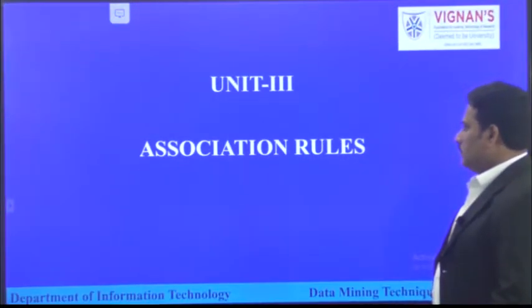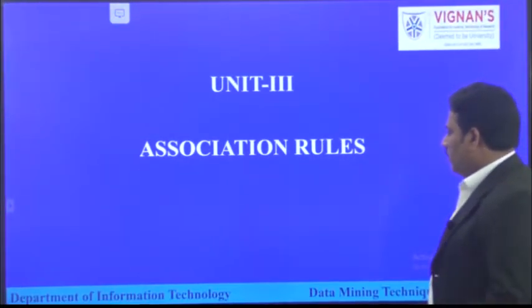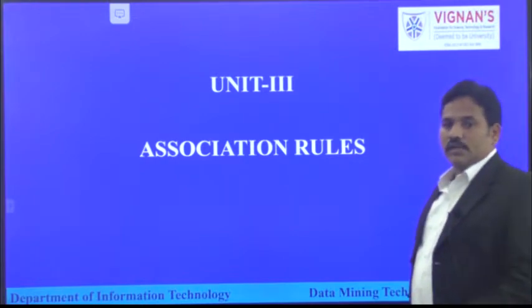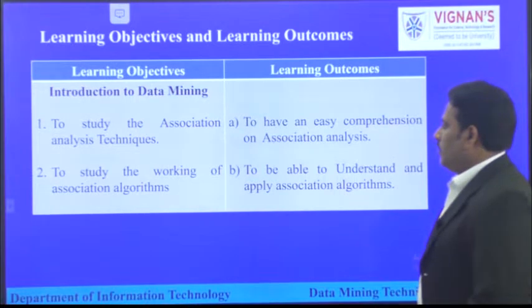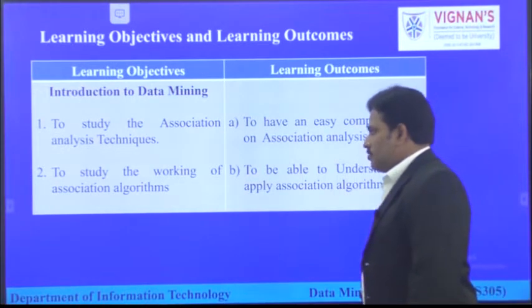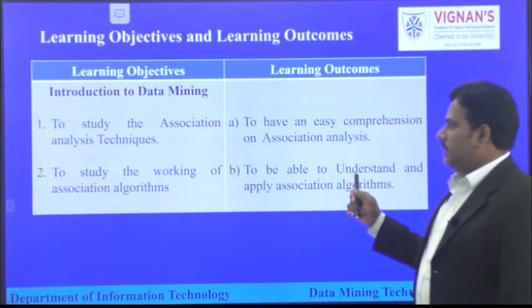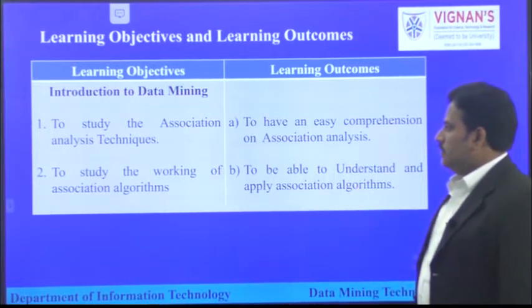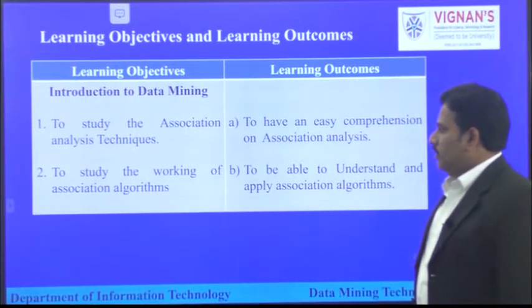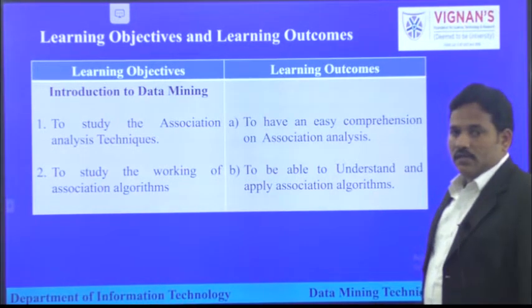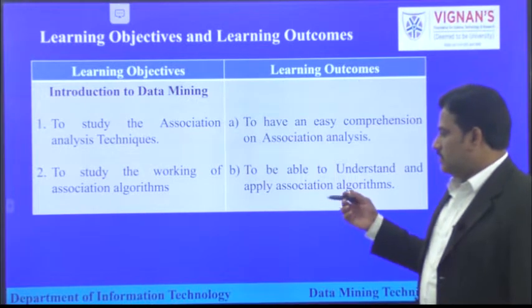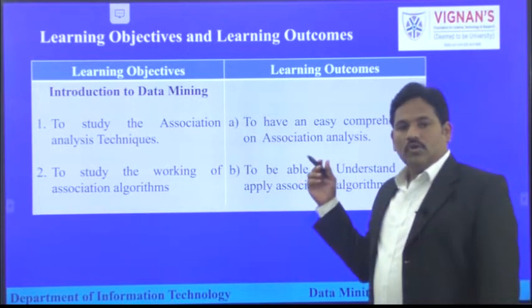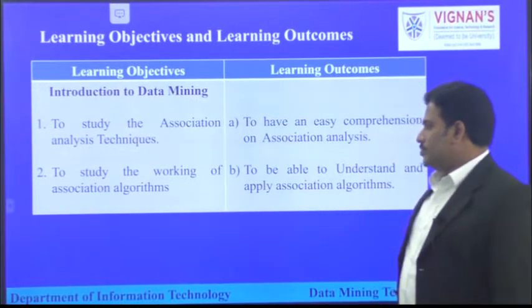So in this unit number 3, we are focusing mainly on association rules and association analysis. Let's have a look at the learning objectives and learning outcomes. The main objective of this unit is to study association analysis and association analysis techniques, and also to see the working of various association algorithms.